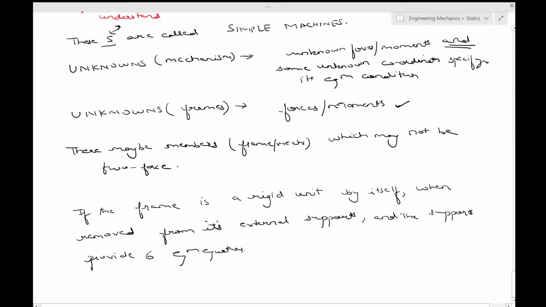Okay, 3 for forces, 3 for moments. Again, if it's a 2D case, then it would just be 3, right? 2 for force, 1 for moment. So it's 6 independent constraints, and you also have the same number of six equilibrium equations. Okay, so there is no problem as such.